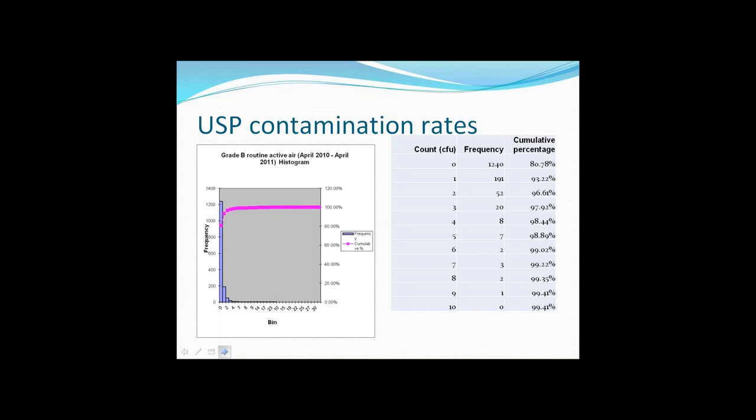You can see with the histogram and the frequency distribution chart how this particular room does not meet the recommended USP rate, because there are more than 5% non-zero events. In fact, 81% of our samples are zero and 19% are non-zero.